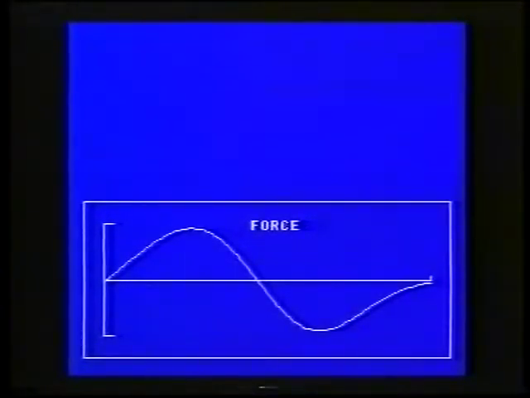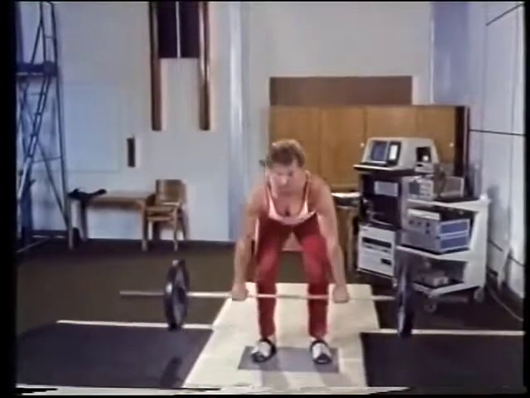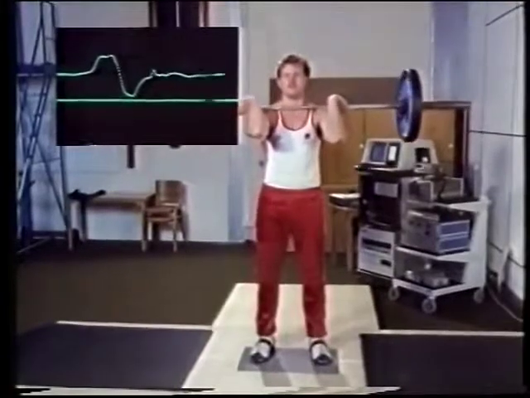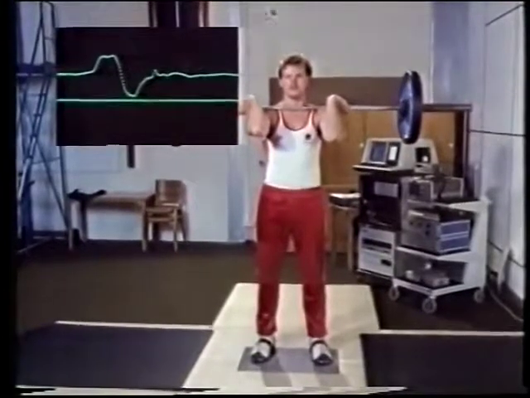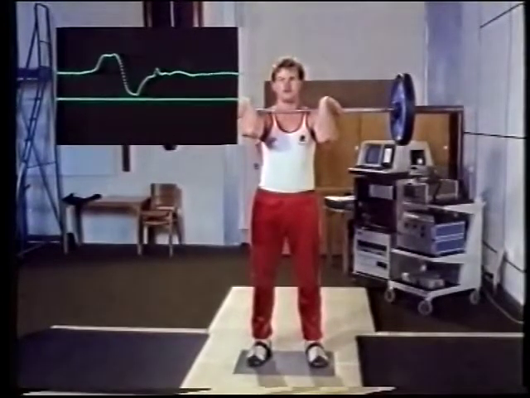How big the bumps on the curve appear depends on how fast the weight is moved. If the weight's jerked rapidly, the curve might appear like this. At one instant in time, the net force measured by the pressure plate is 0.